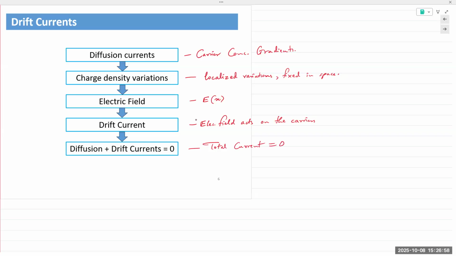Because this drift current is a competing mechanism, the result of the competing mechanism.